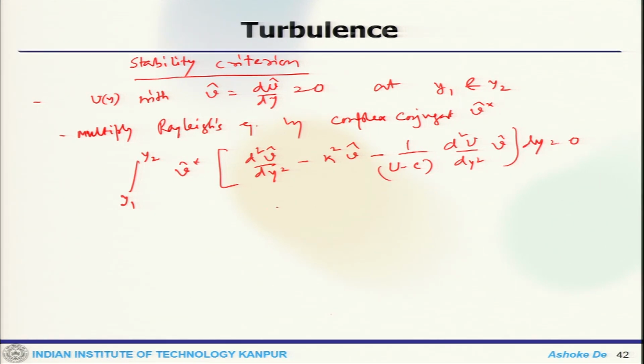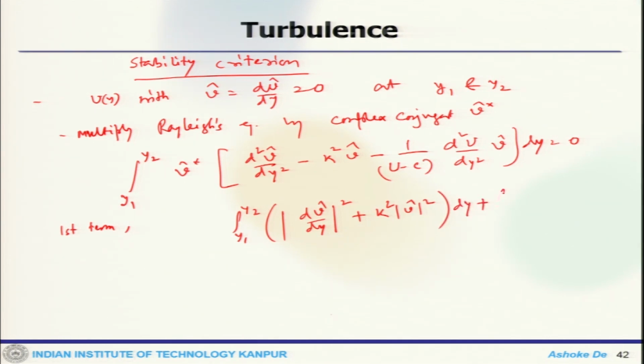Now, the first term, if we integrate with partial integration, what we get after partial integration from y1 to y2 is the integral of magnitude square of dv hat by dy plus k square magnitude square of v hat, dy, plus the integral from y1 to y2 of d2U by dy2 magnitude square of v hat, dy equals to 0.